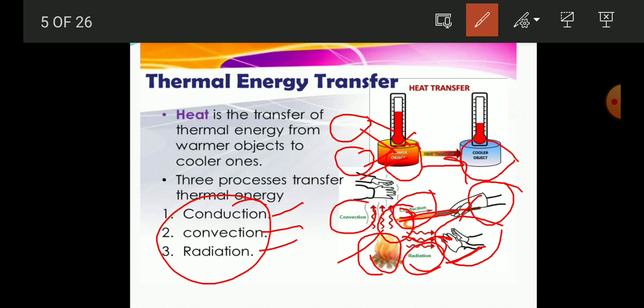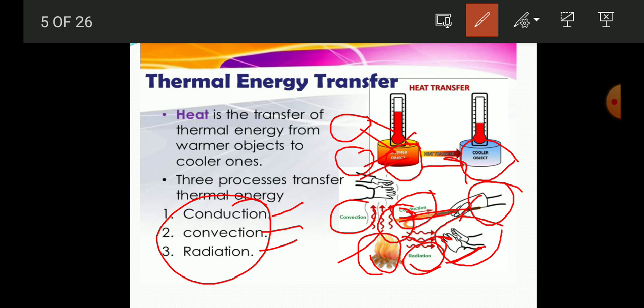Now here we have the third case. So what is this? This is convection. The air above this fire gets hot, and this type of transfer, when molecules are involved, like when the molecules of water or air are heating, is known as convection. The molecules which get heat earlier go up, and this creates a low pressure area.